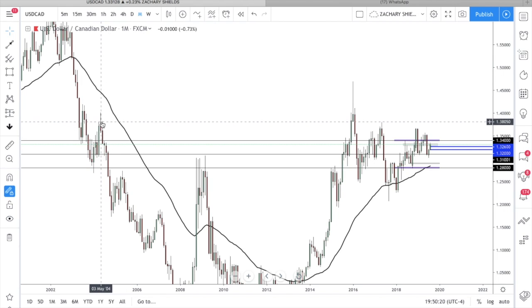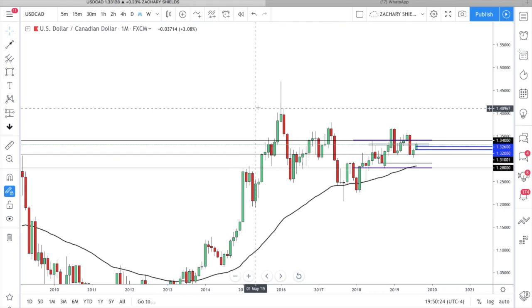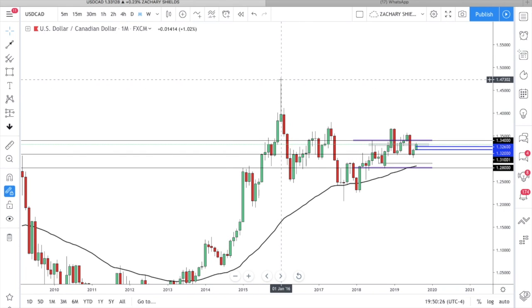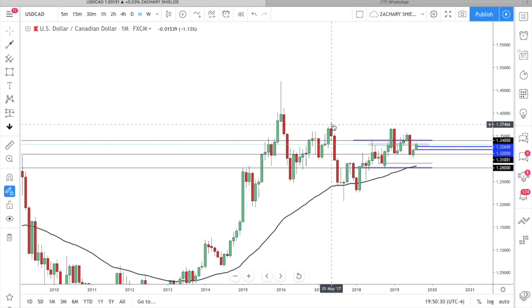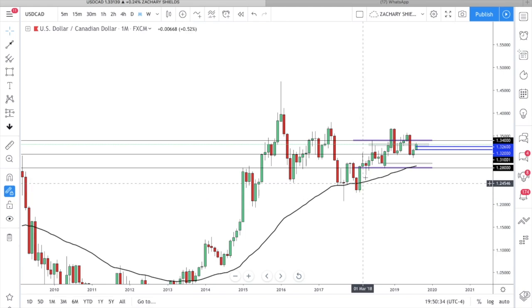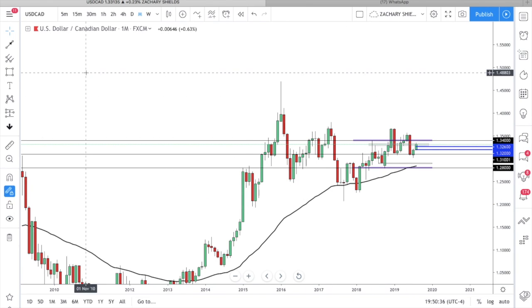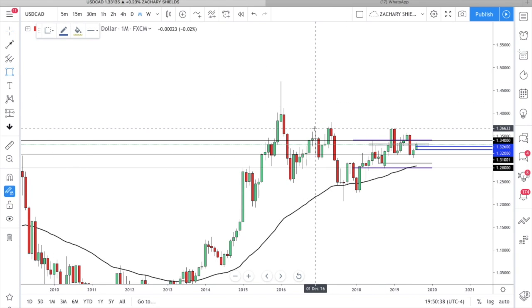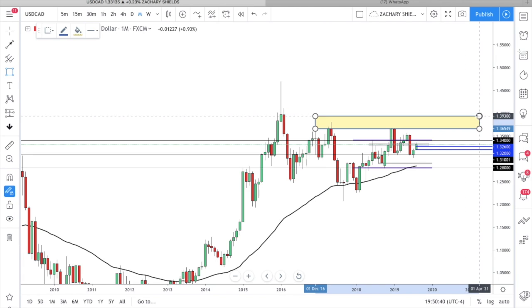Strong level of resistance here, and price has respected it a couple times, printing a massive high and then a huge move to the downside, another lower swing high, huge move to the downside, testing our moving averages and a push up to test the same region of resistance once more, right?